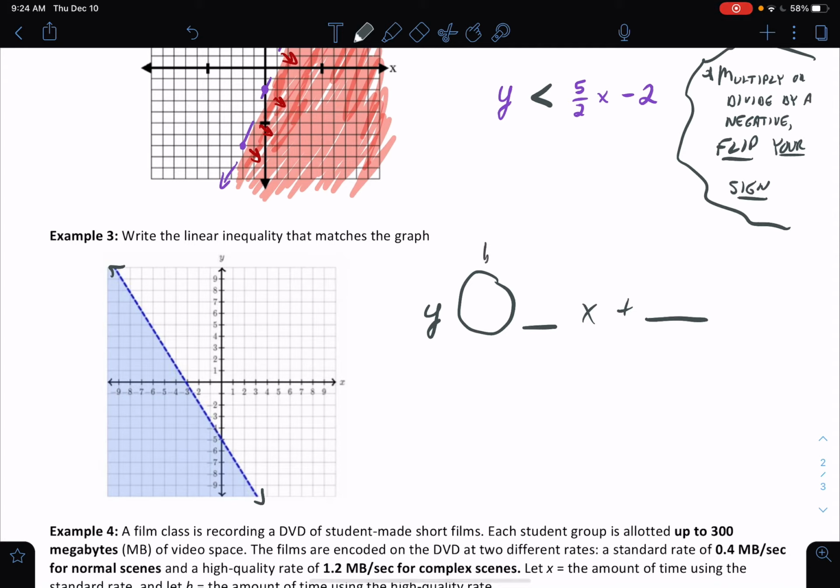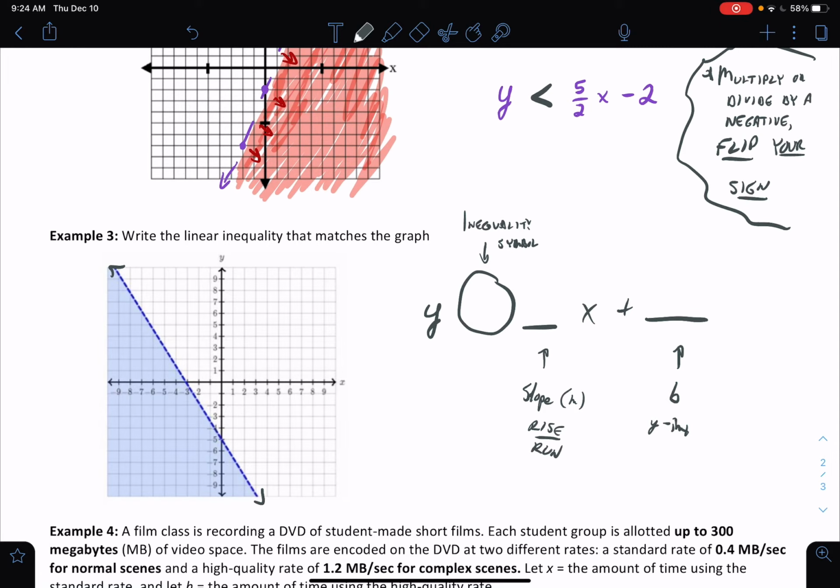This is going to be our inequality symbol. This is going to be our slope, which is our m, which remember is our rise over run. And this is going to be our b value, which is our y-intercept.